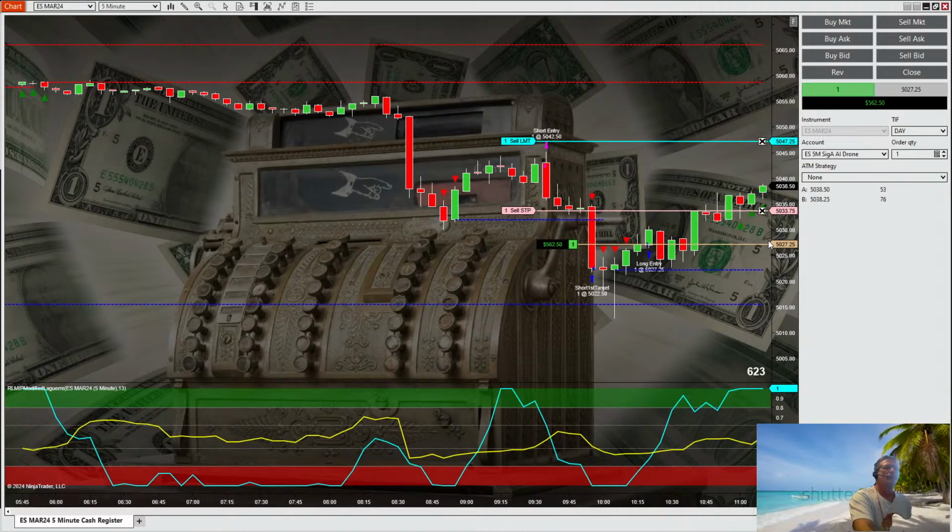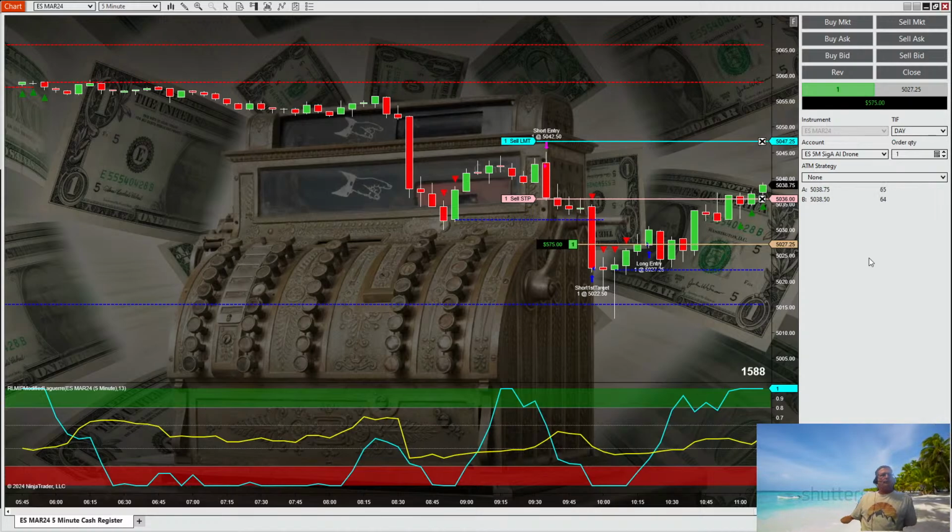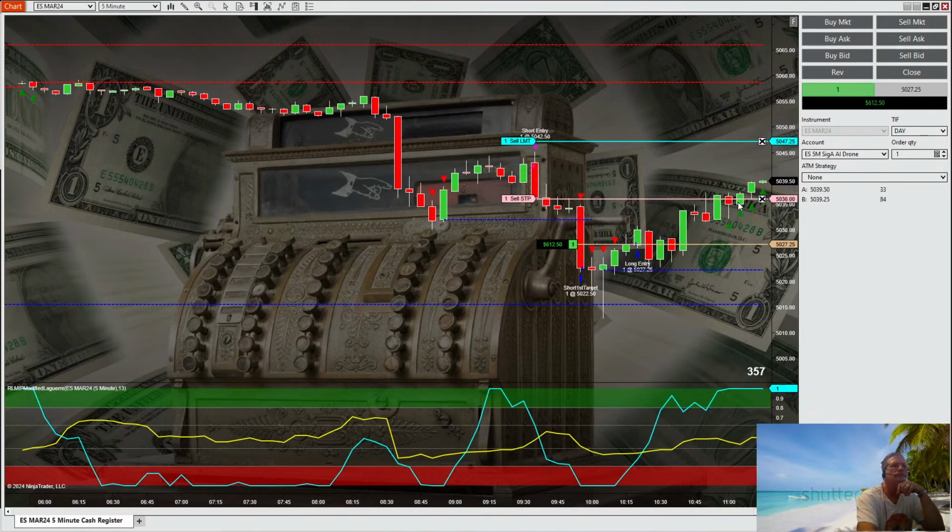Order filled. I'm going to kind of squeeze this trade a little bit. Order filled.